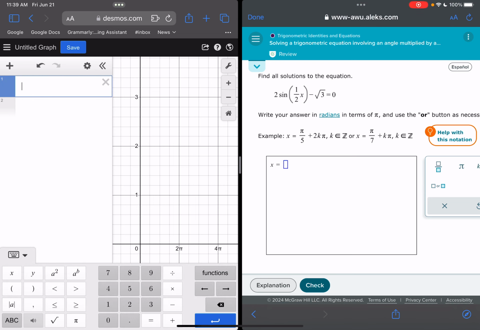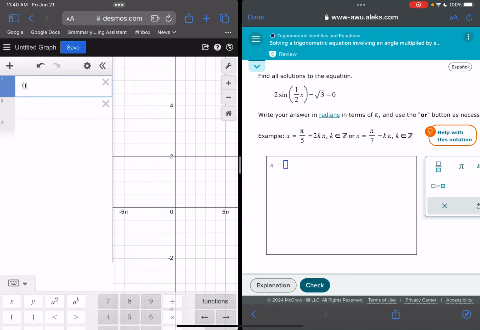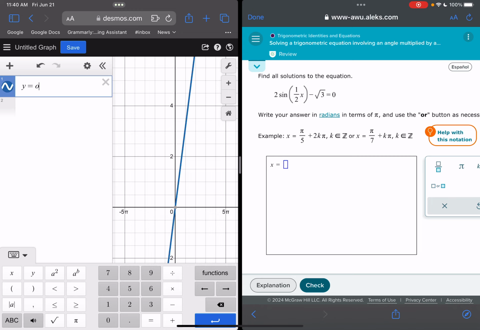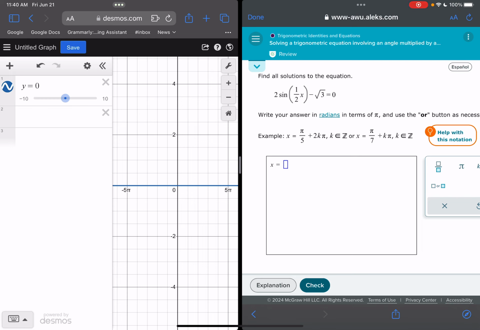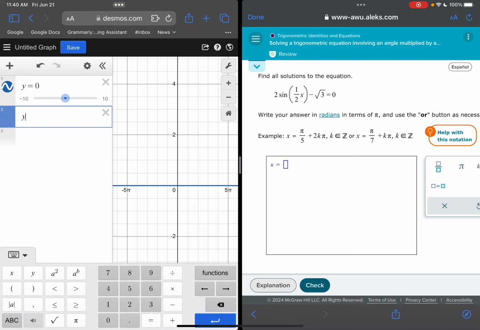So on one side, you don't have to put y equals. Well, do you? Let me look. Oh, I guess you do. So y equals 0. And then y equals 2 sine.